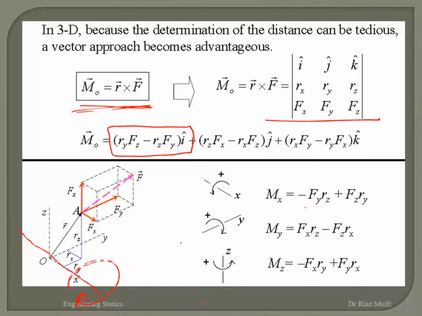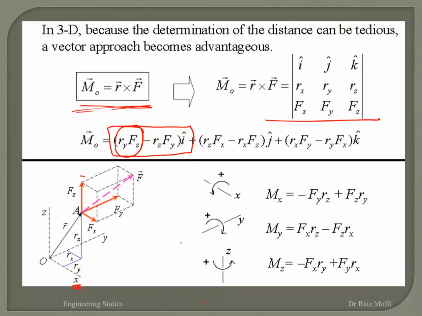Okay, so let us look at this term first. The first term here, r y f z. So where is f z? F z is here. That's my f z. Remember, we are looking at the rotation caused about the x-axis. That is my f z, which is a component given here.